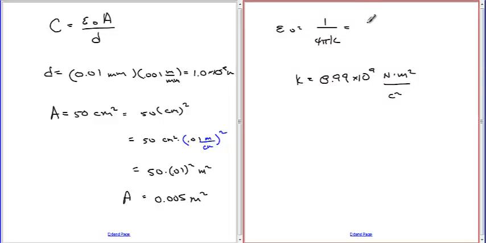So epsilon 0 is 8.85 times 10 to the minus 12th, and the units are the reciprocal, coulomb squared per newton meter squared. So use this for calculating the capacitance, use this for calculating forces and electric fields and voltages.